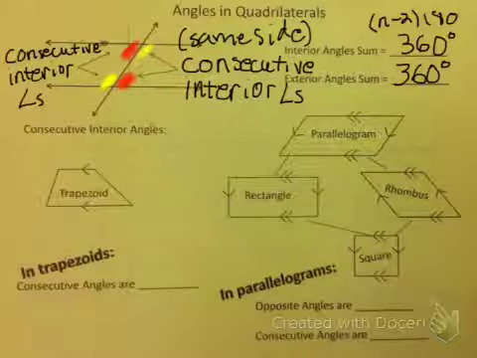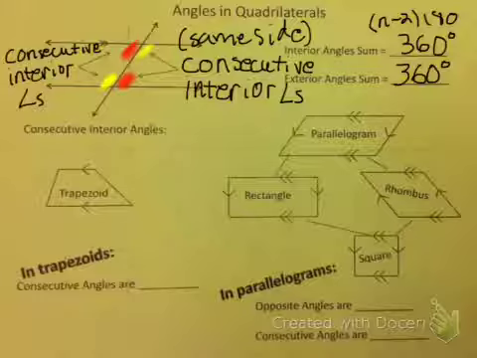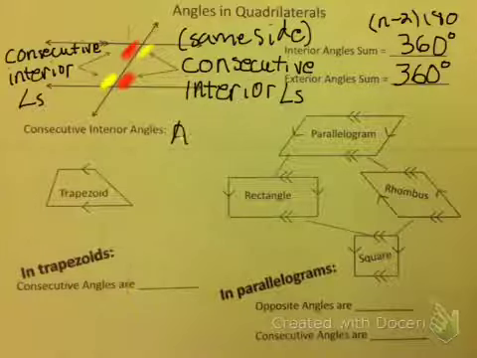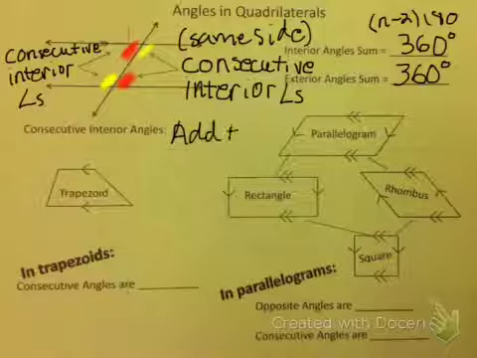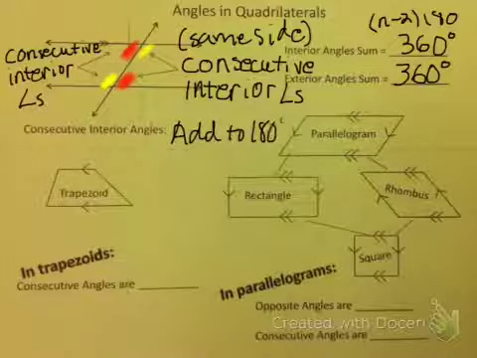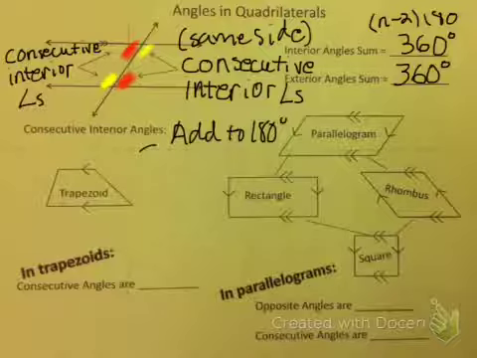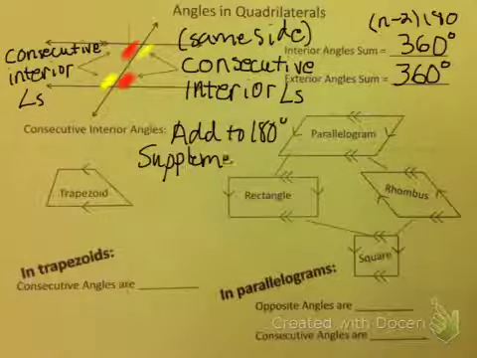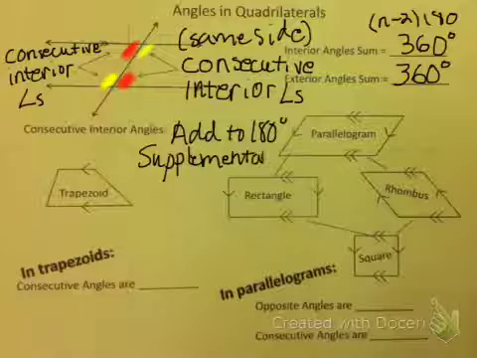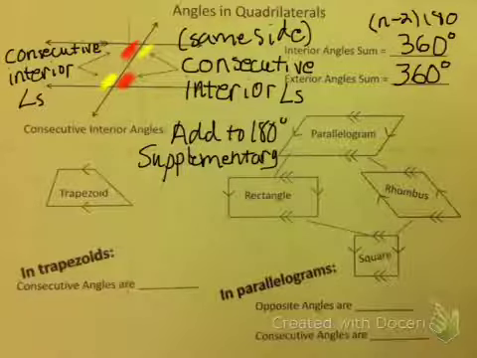Now let's apply that to our quadrilaterals. Oh, and what do we know that consecutive interior angles add up to? They add to 180 degrees, which means that they are supplementary. Do you see in the trapezoid here how we have some parallel lines?